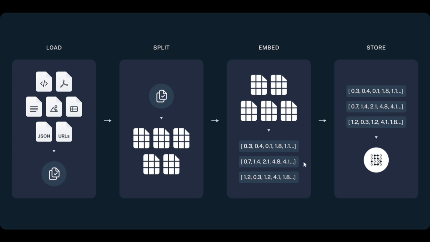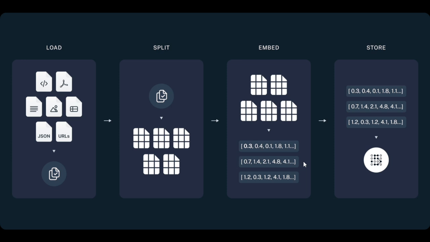After converting into vectors, we have to store the data in a vector database. You can use different vector databases, but in this video we are going to use FAISS, and you can also use ChromaDB. I'm using FAISS because it is easy to handle a large amount of data, and it's open source.